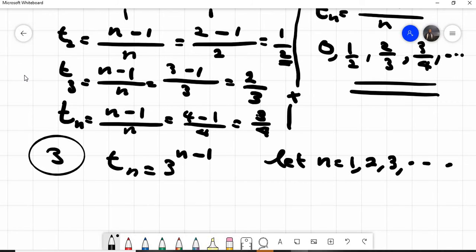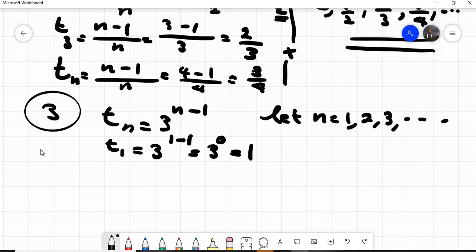So this one we can do up to 3. Now this one is an exponent. T1 equals 3 power 1 minus 1, which equals 3 power 0. 1 minus 1 is 0. 3 power 0 is 1, because anything to the power 0 is 1.